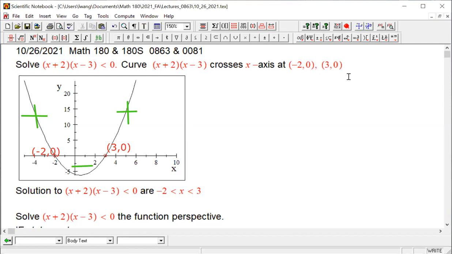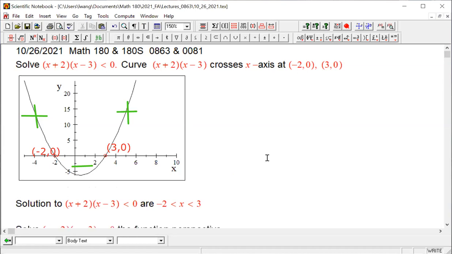And you can also tell the reader how to find that, because sometimes you actually see that step in the textbook. So you can also add that you set this equal to 0, then x equals -2 or x equals +3.